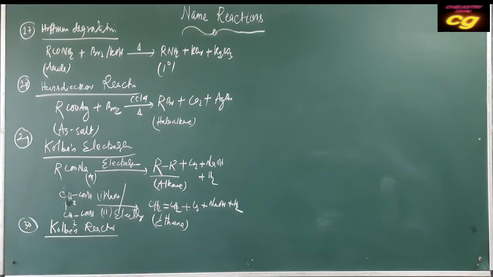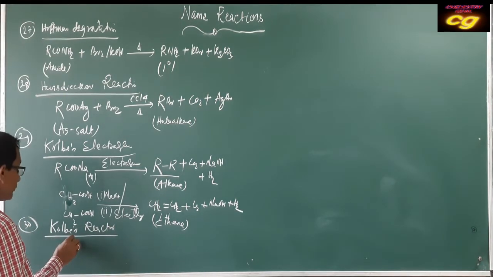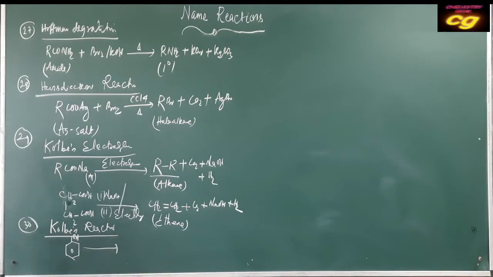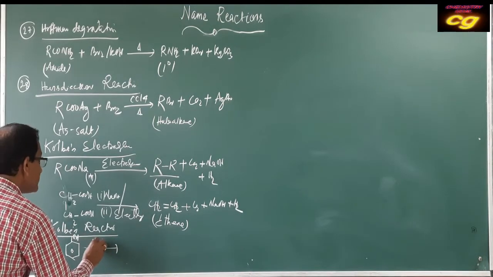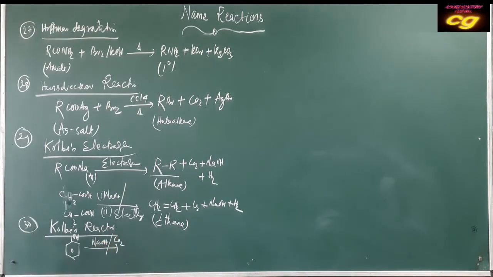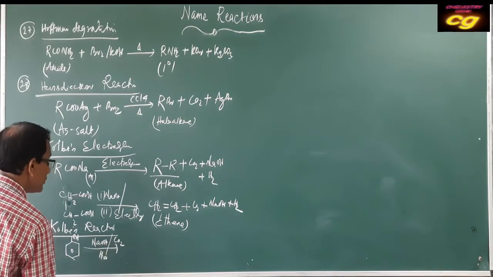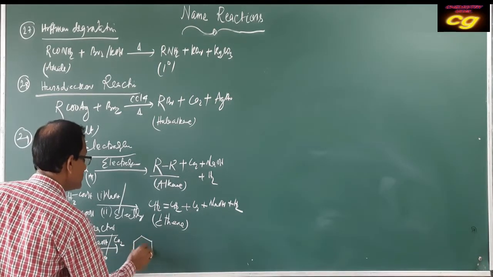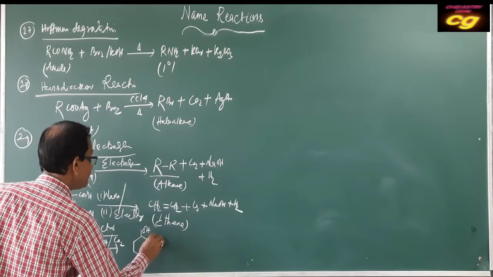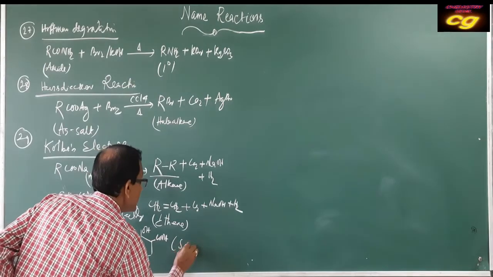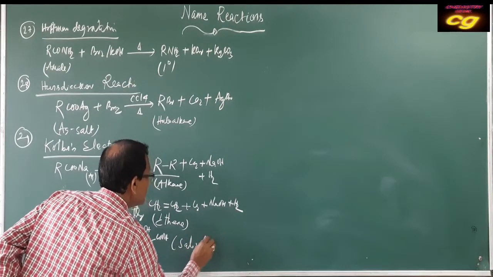In Kolbe's reaction, generally, what happens? Your phenol, when treated with sodium hydroxide in the first step, then carbon dioxide in the second step, followed by hydrolysis, the result is called salicylic acid.